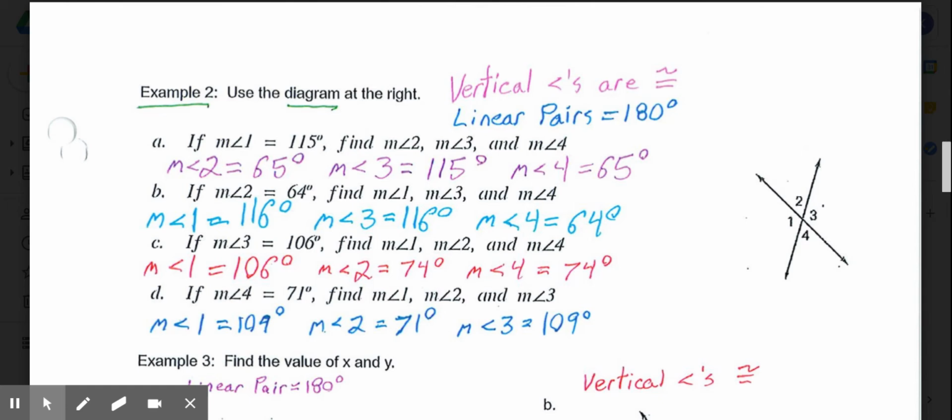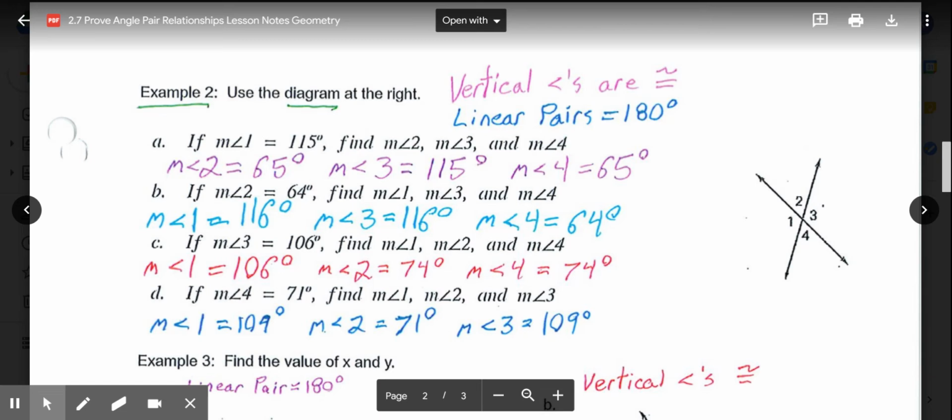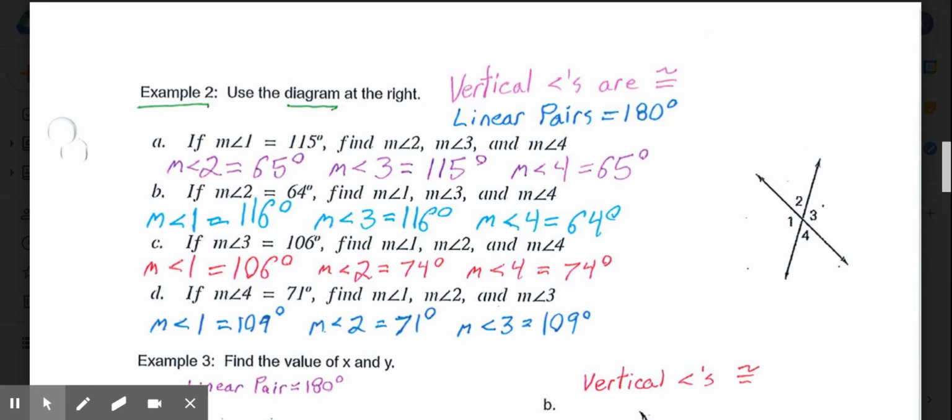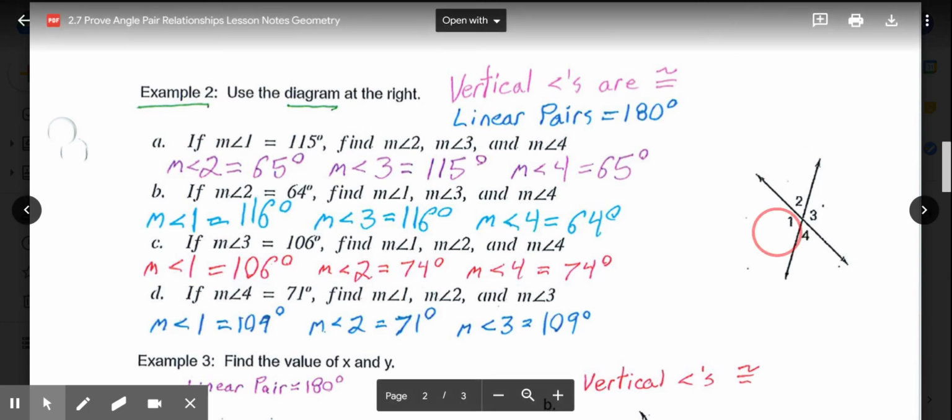So looking at part A, if the measure of angle 1 is 115 degrees, they want us to find the measures of angles 2, 3, and 4. If angle 1 is 115 degrees, I know angle 3 is vertical to that, so angle 3 is also 115 degrees.